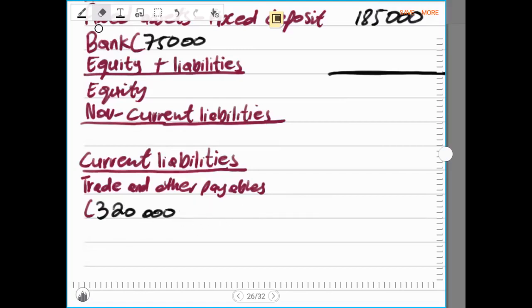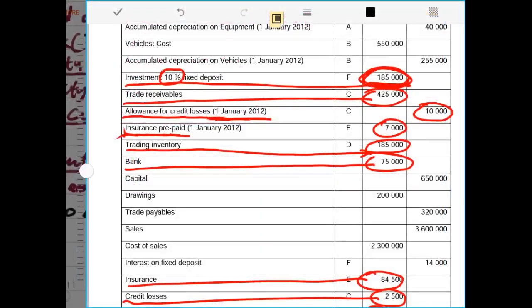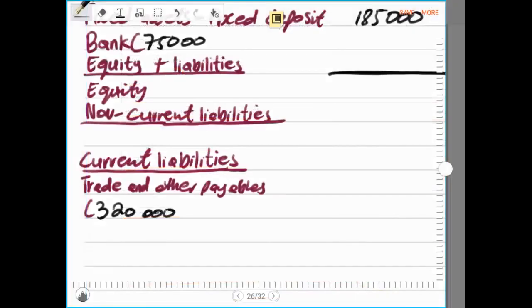I'll just show you where it comes from. The amount of trade and other payables is coming from the trial balance: 320,000 rands. So I just took the amount as it is from the trial balance.